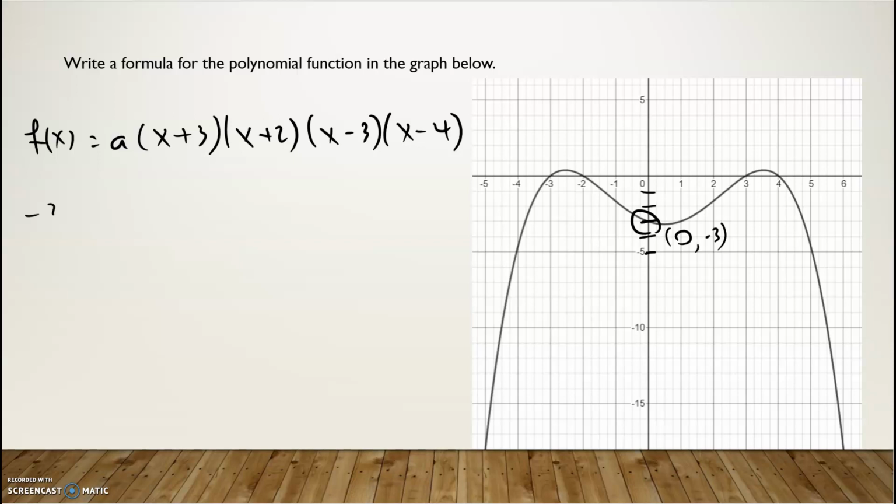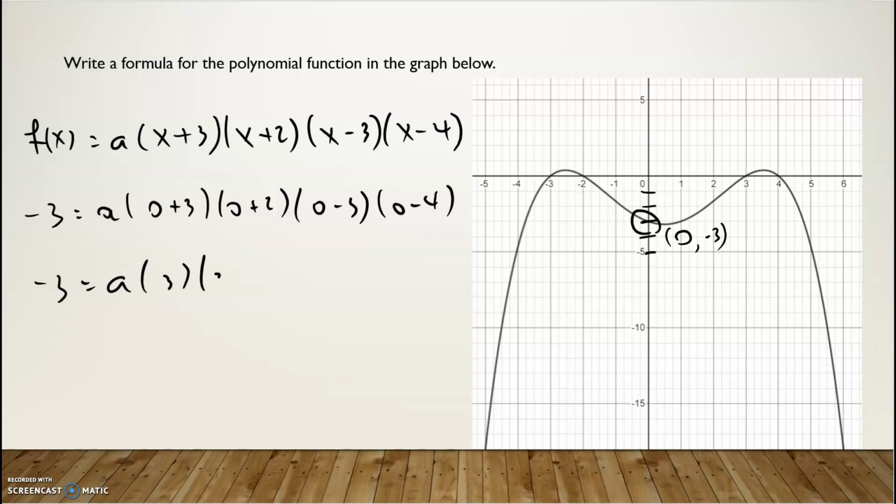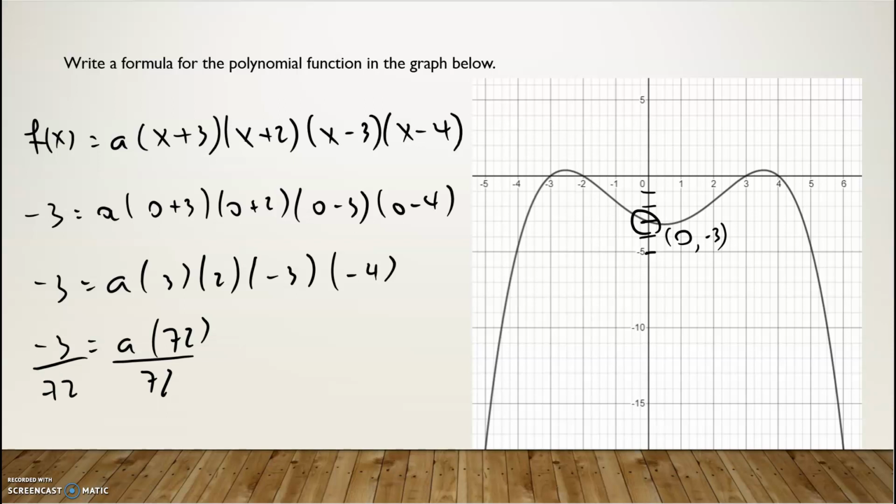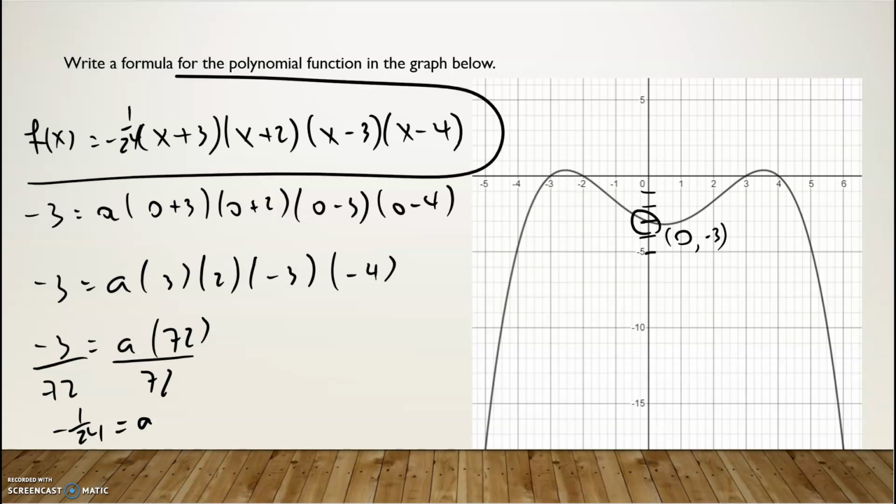So this is going to be -3 equals a times 0 plus 3, 0 plus 2, 0 minus 3, and 0 minus 4. So this is going to be 3, 2, -3, -4. This will be times 72. Divide both sides by 72. So -1 over 24 equals a. So -1 over 24, and there's our answer.